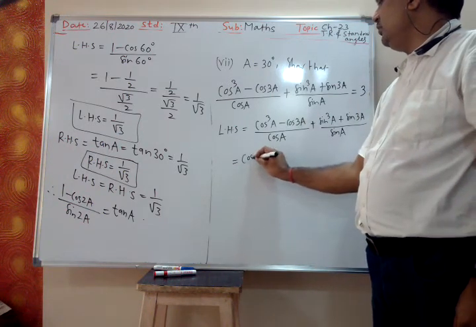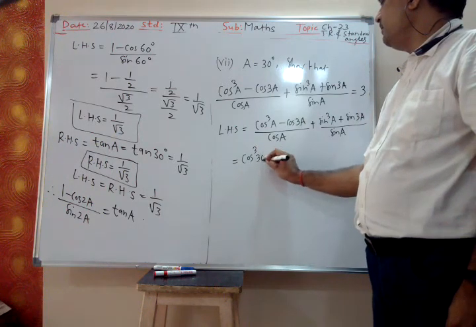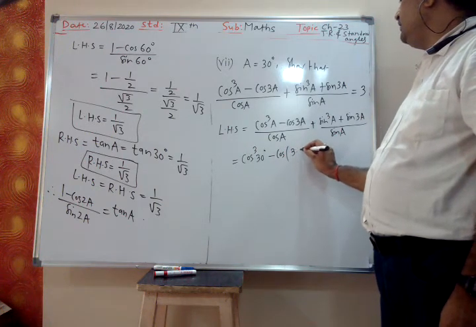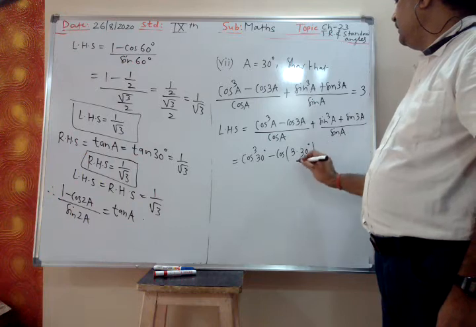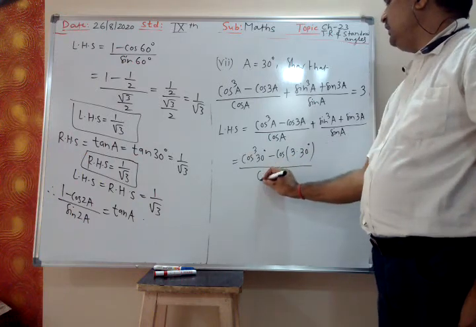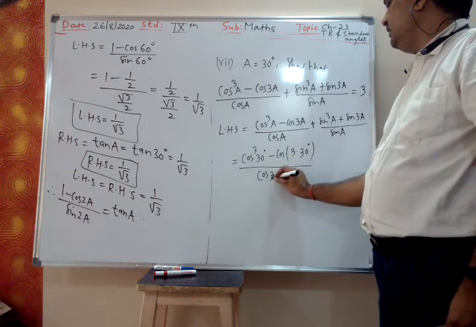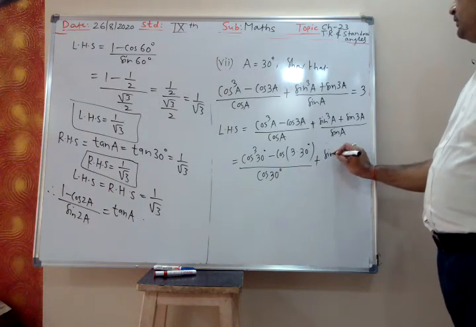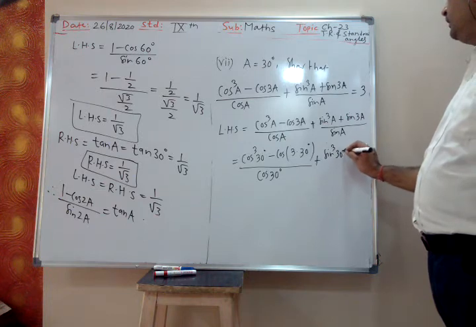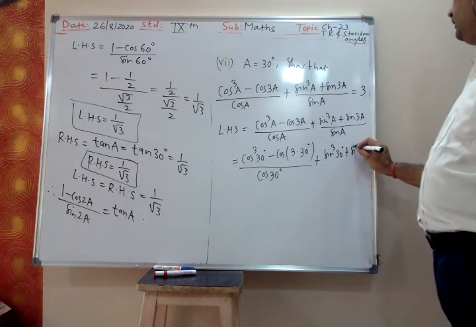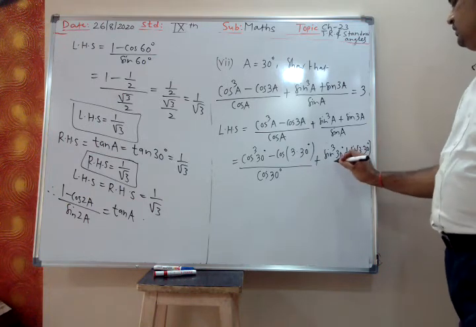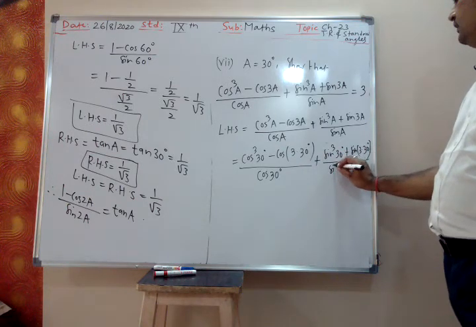So that will be cos cube 30 degrees minus cos 3 into 30 degrees upon cos 30 degrees, plus sin cube 30 degrees plus sin 3 into 30 degrees upon sin 30 degrees.